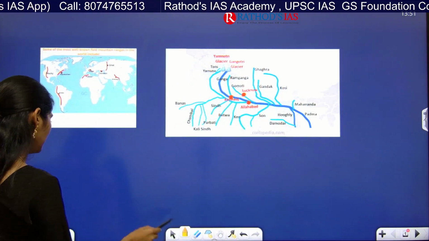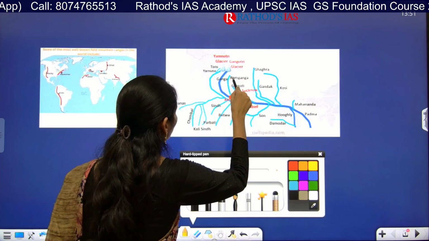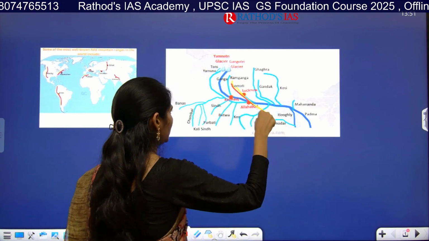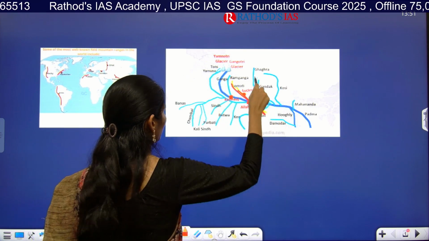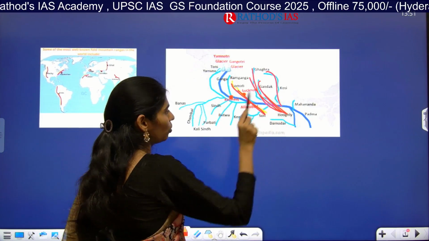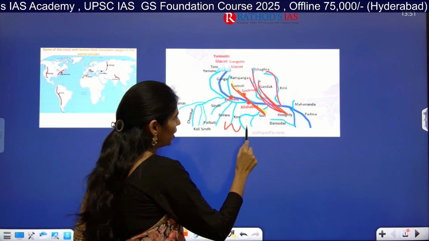I want to show you the map exactly so that you can understand this, or else you can't do this. Here, first we have Gomti. Second one is Gagra, third one is Gandak, and the next one is Kosi. So it is from west to east.